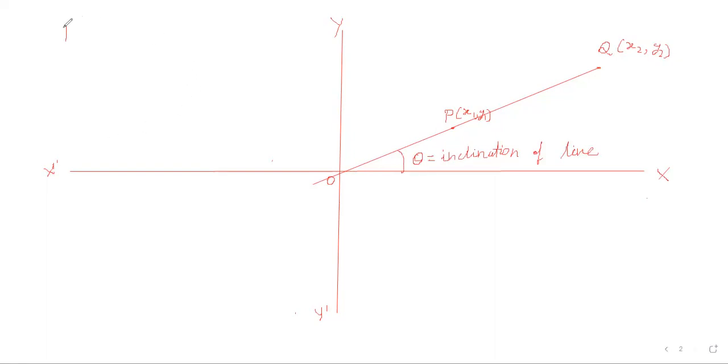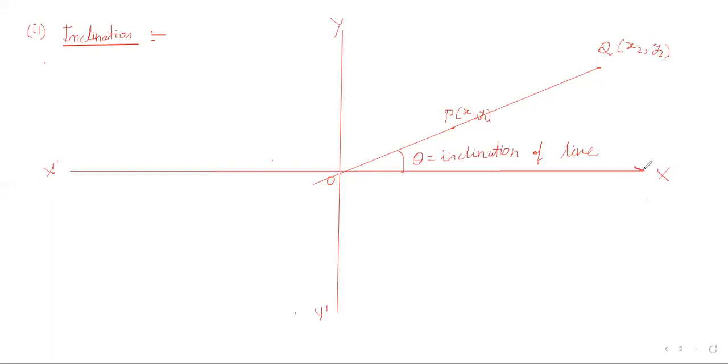Write the next heading, inclination. So how to define this inclination?